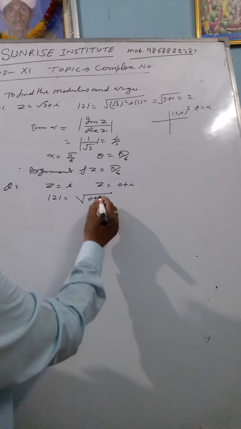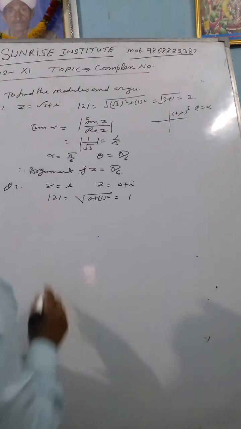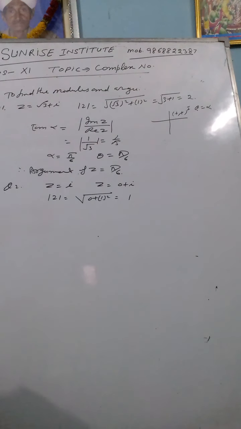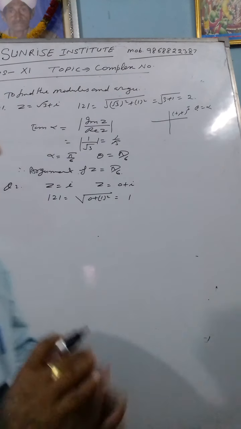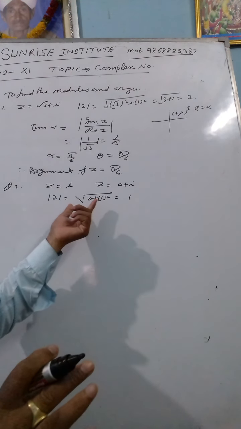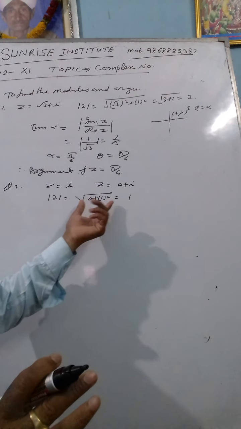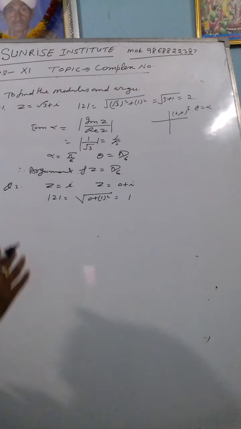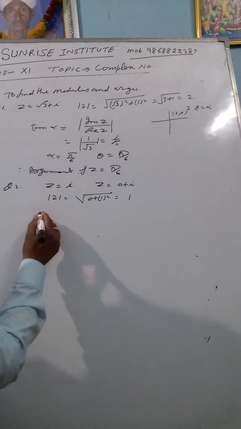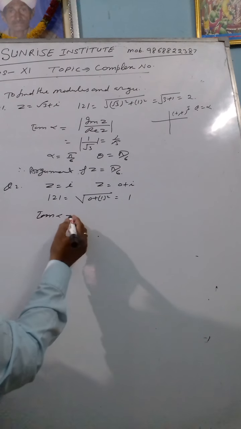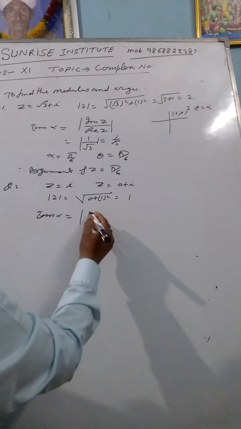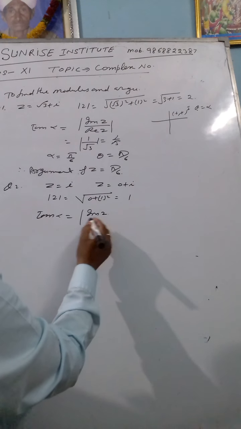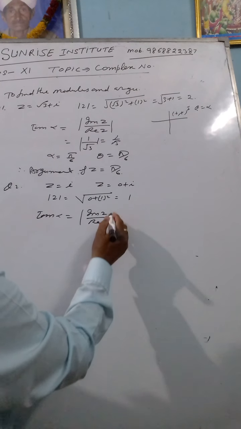0 square plus 1 square, that is 1. Okay students, that is the modulus of z. Next, tan alpha equal to, use this formula, imaginary part of z upon the real part of z.